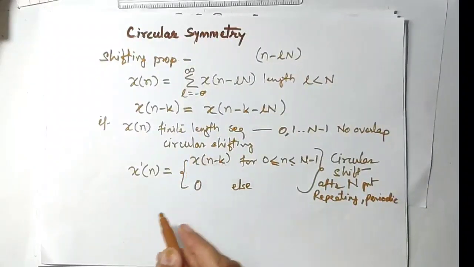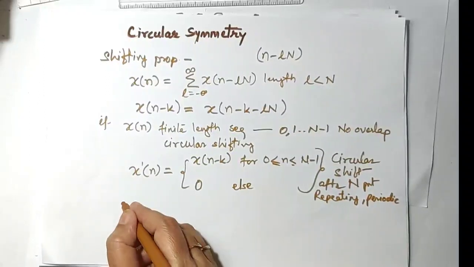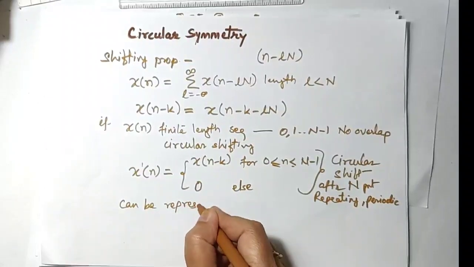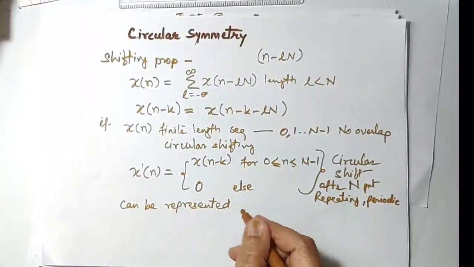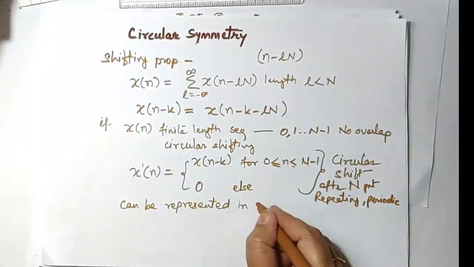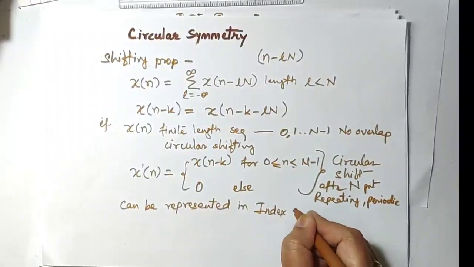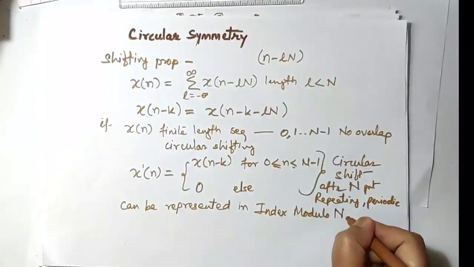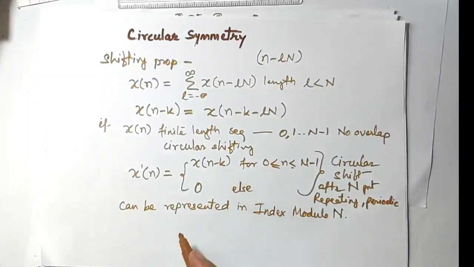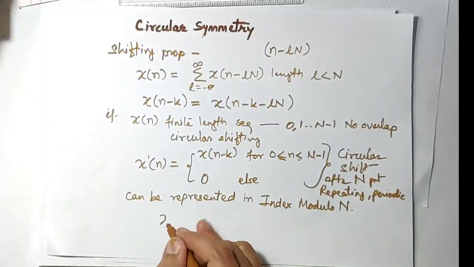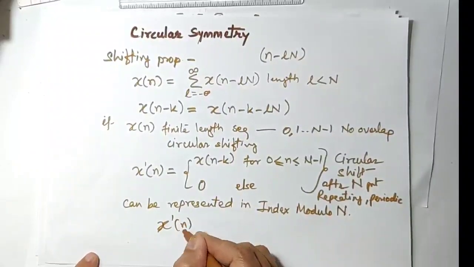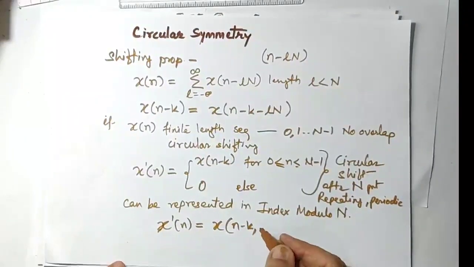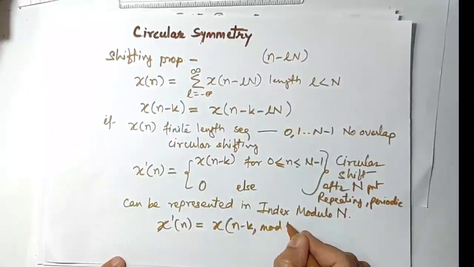So this circular shift can be represented in index modulo N, and I can write it like x'[n] is x[(n - k) modulo N].